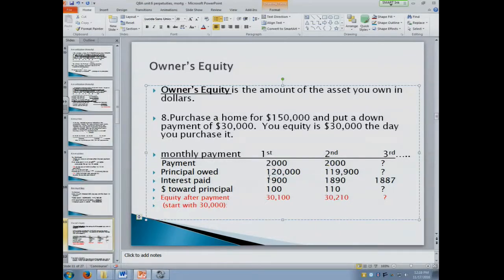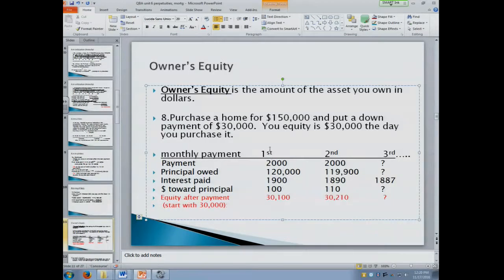How much interest? $1,900. I didn't give you the interest rate. These are made up numbers. You're paying $1,900 in interest. Well, if your payment's $2,000, you're paying $1,900 in interest, you're only putting $100 towards reducing the principal, because interest and principal will always equal $2,000.